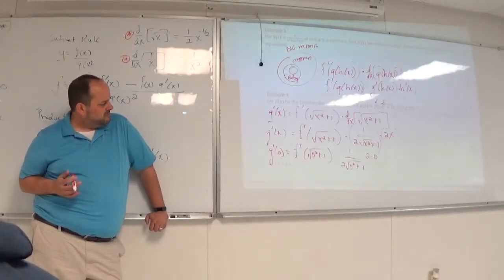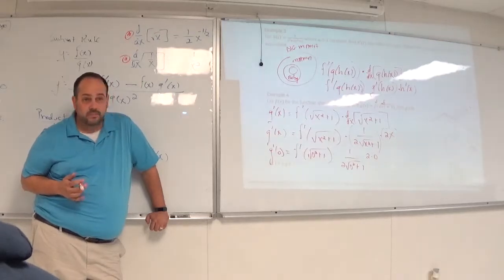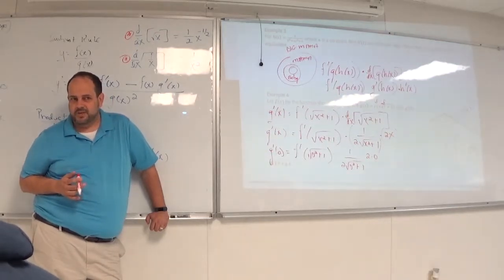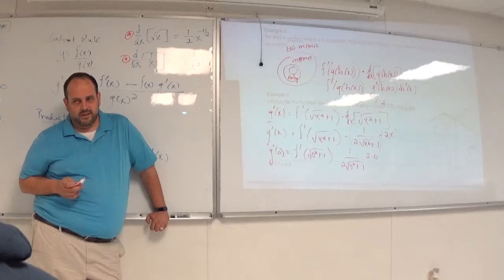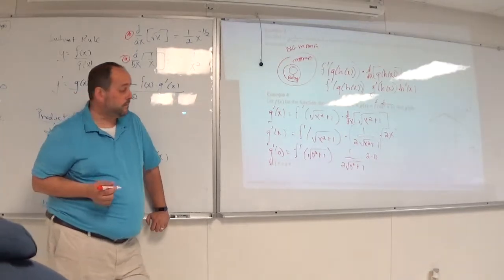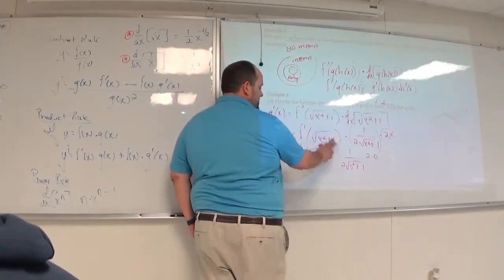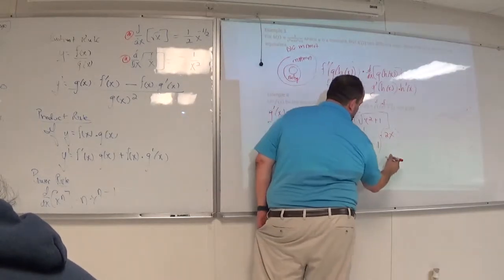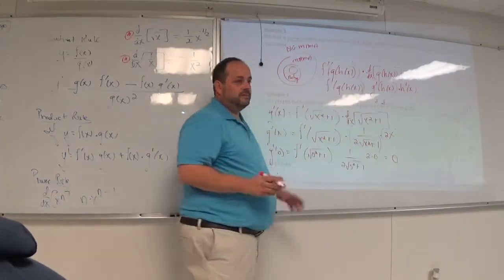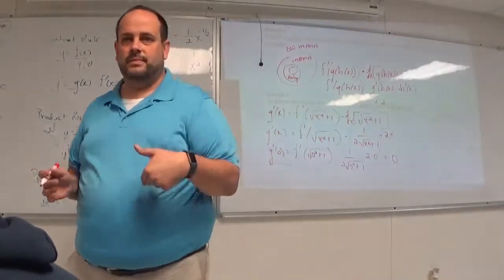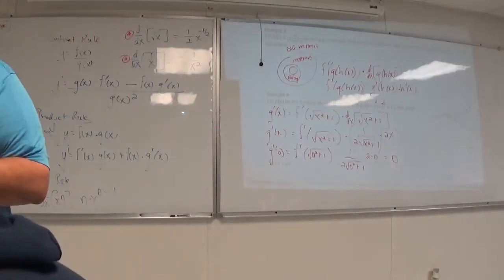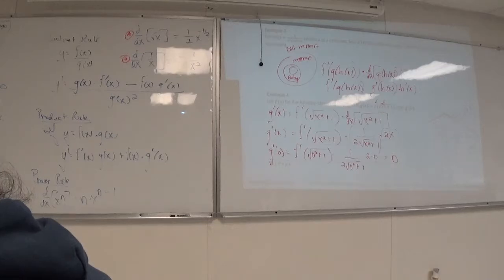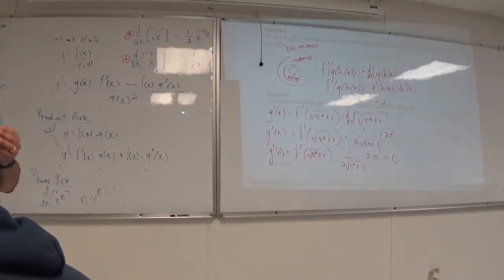Anybody know g prime is 0? This should all be 0. Right, whatever this is, times this stuff over here, times 2 times 0, 0. Done. So you don't use the graph? You actually did not need to use the graph in this case.